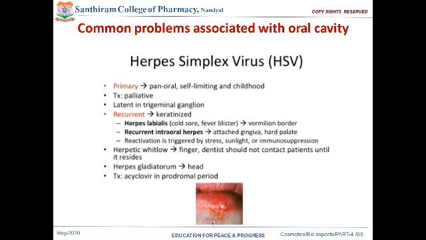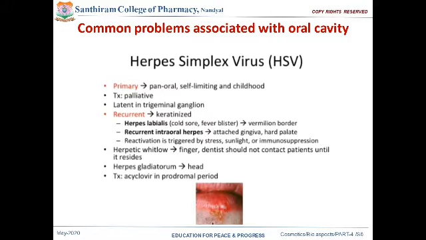Next, we have varicella zoster virus, which is technically another type of herpes virus. It also has several different manifestations. The primary infection, the first time we get this virus, is called varicella, also called chickenpox, which is very, very common, also self-limiting, and also in childhood. You can see some common threads between these primary infections.